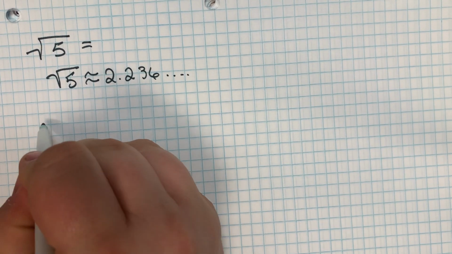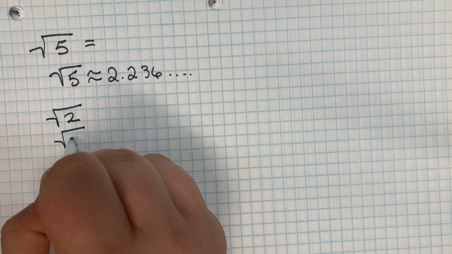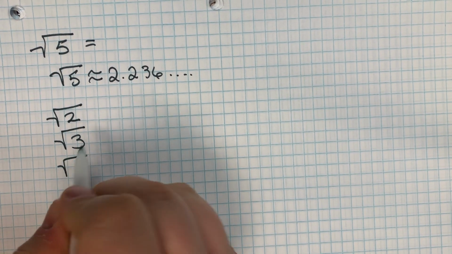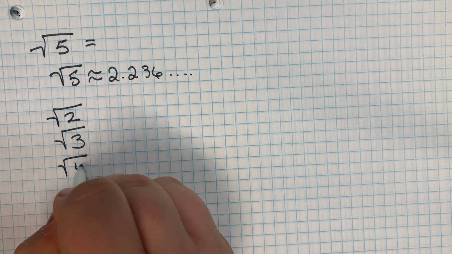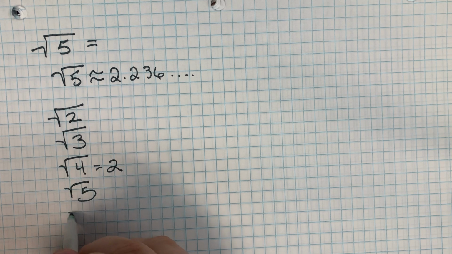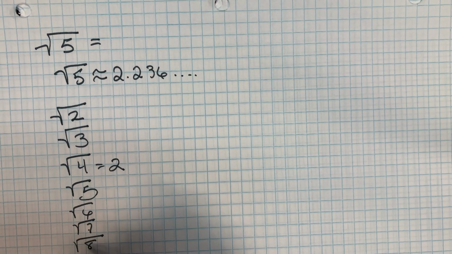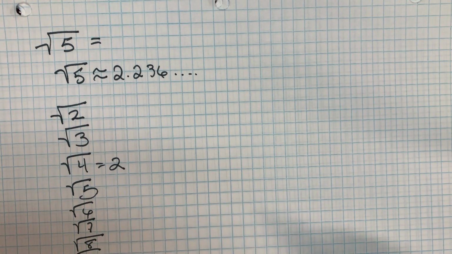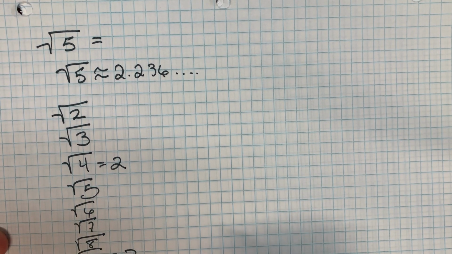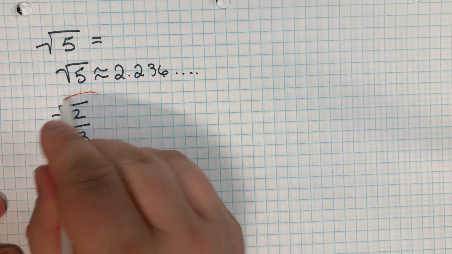The same is true of any non-perfect square: the square root of 2, the square root of 3, not 4, because that's 2, the square root of 5, 6, 7, 8, and 9 is 3.